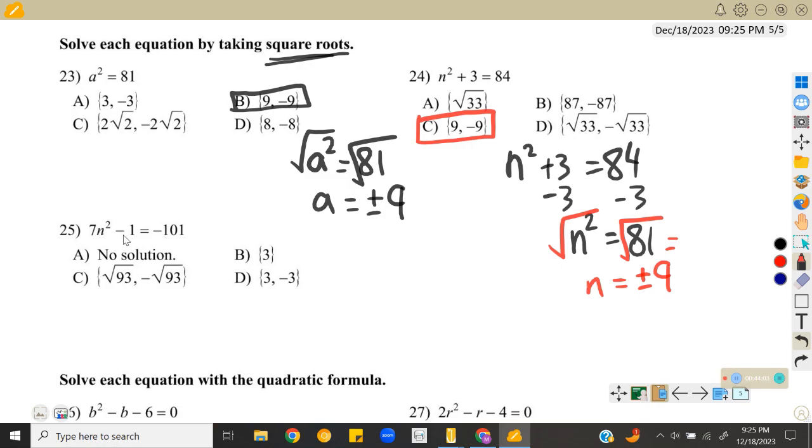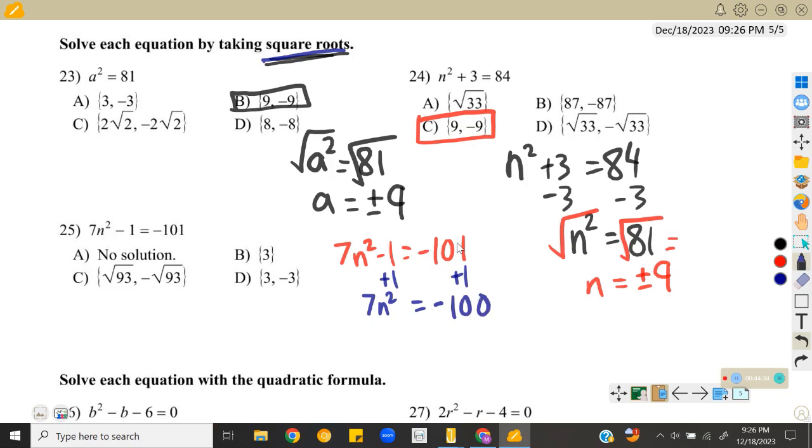All right. We would take a look at this equation. 7n squared minus 1 equals -101. And then what we could do is add 1 to both sides. Again, when we try to solve this problem, we are not trying to set it equal to 0 because we're not solving by factoring. We're solving by taking square roots because that's what the problem asks us to do.